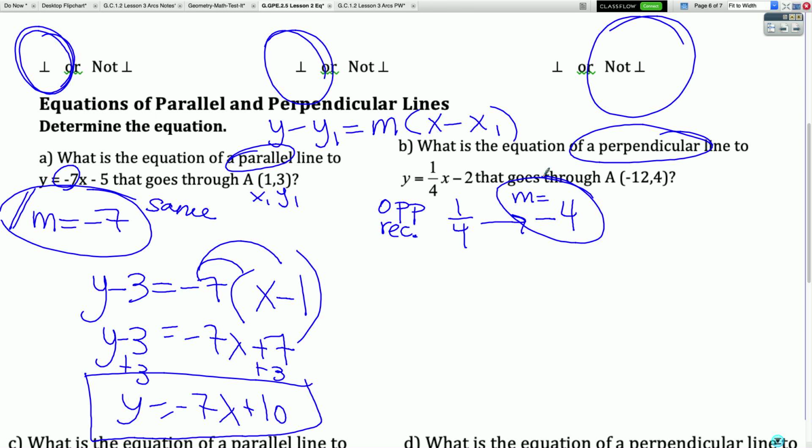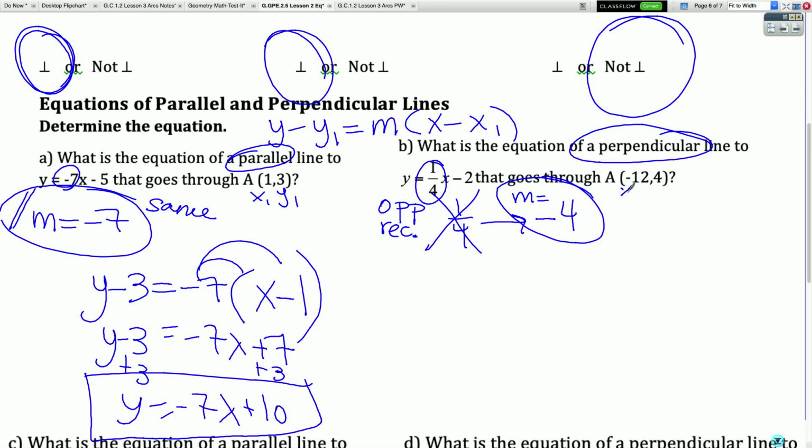Anyone need me to go over that again? Okay. So my original slope, you know where I got the 1/4 from? If they are perpendicular, my new slope will be the opposite reciprocal. I flipped this to 4/1 and changed it from a positive to a negative. So we want to use -4, ignoring the 1/4 now.